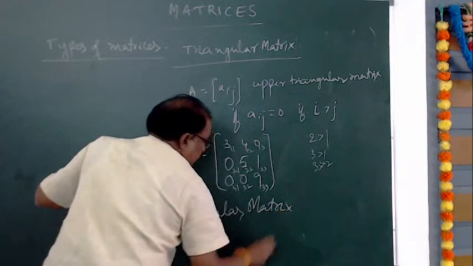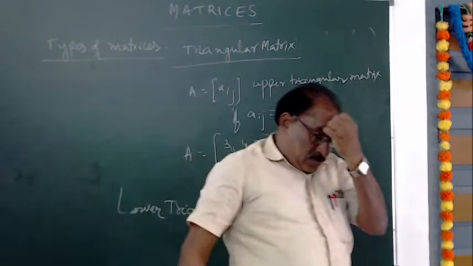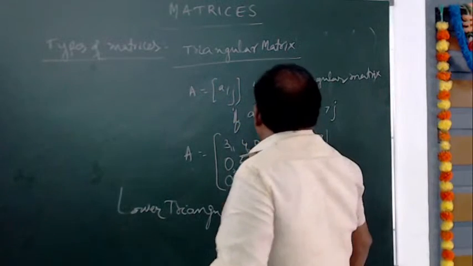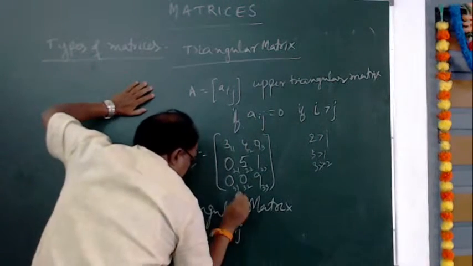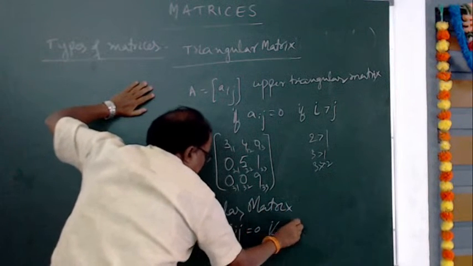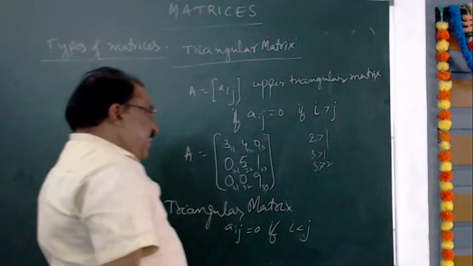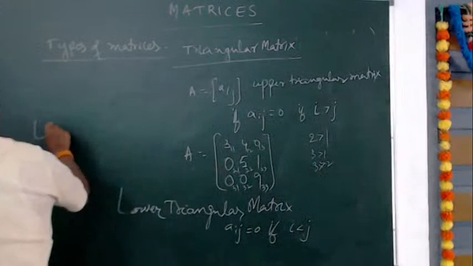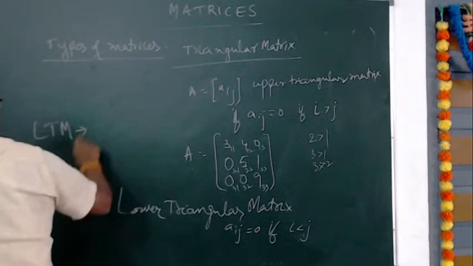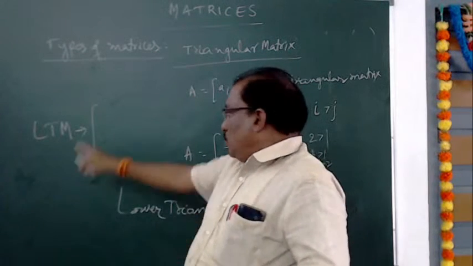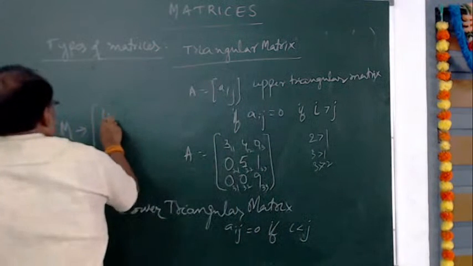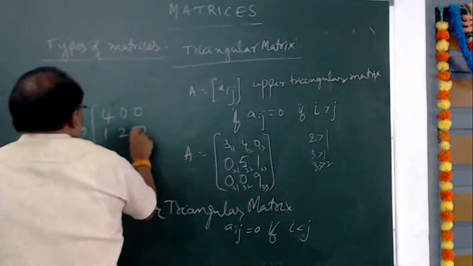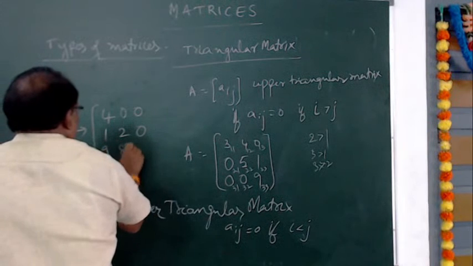Lower triangular matrix. So if A is equal to Aij, in matrix A, Aij is equal to 0 if I less than J, or J greater than I. Tell me an example for a lower triangular matrix: 4, 0, 0, 1, 2, 0, and 9, 8, 5.